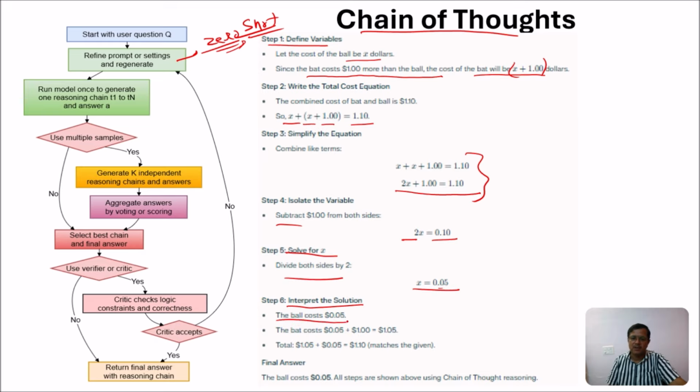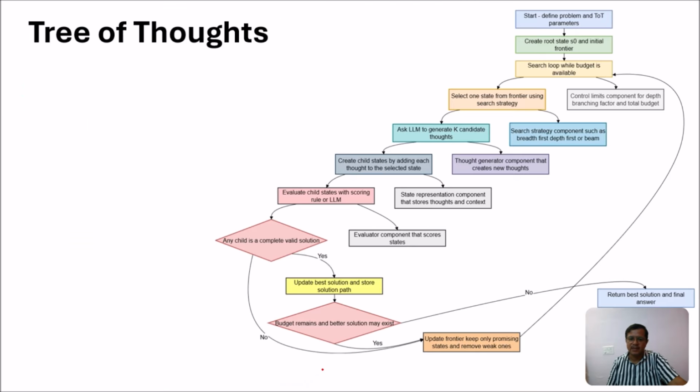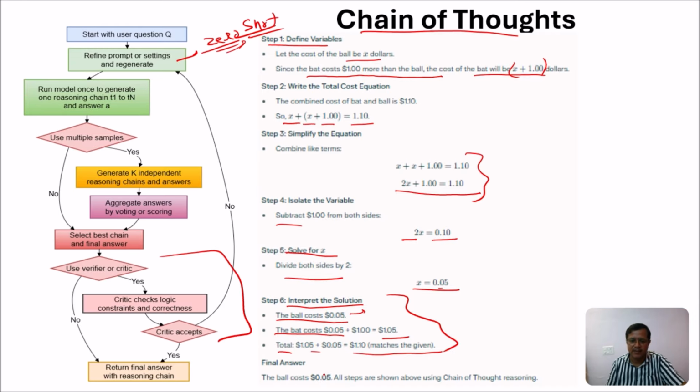The ball cost is $0.05 and the bat cost is 0.05 plus 1, and the total matches the given condition. So we are following the critic. If the critic accepts, then we say that 5 cents is the answer. So this is the strategy of chain of thoughts. Later we will go through tree of thoughts and graph of thoughts.